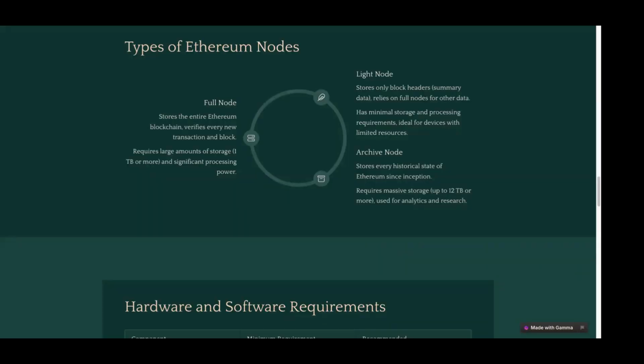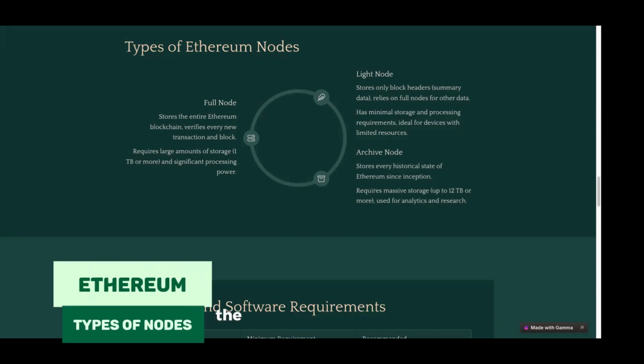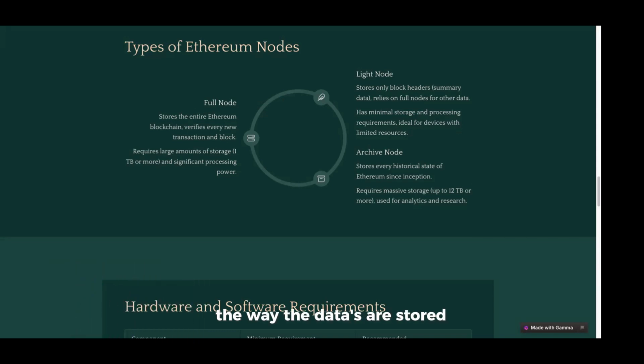Basically, how I see this is, if you want to look at nodes from the way the data is stored, or the volume of data stored in a particular node, there's the light node, the full node, and then the archive node. The light node basically stores block headers.